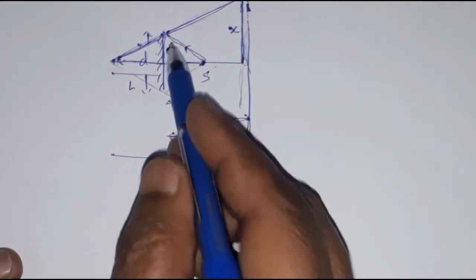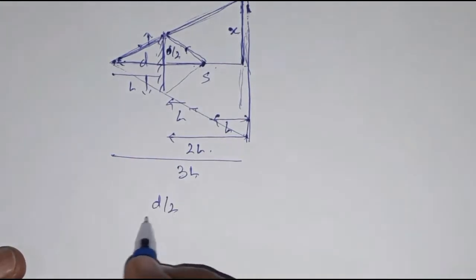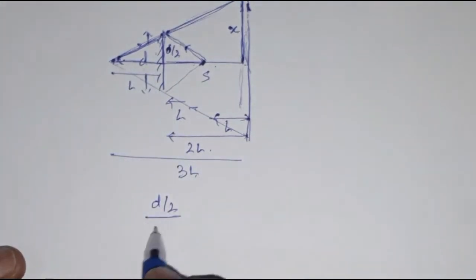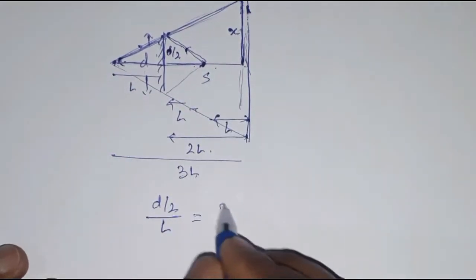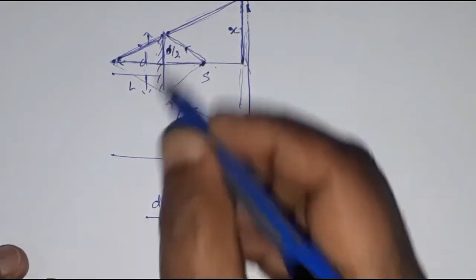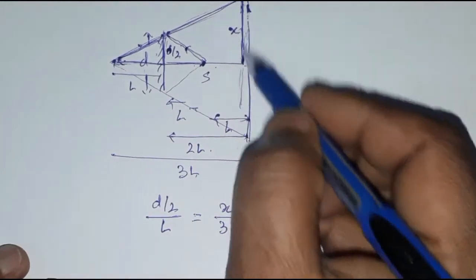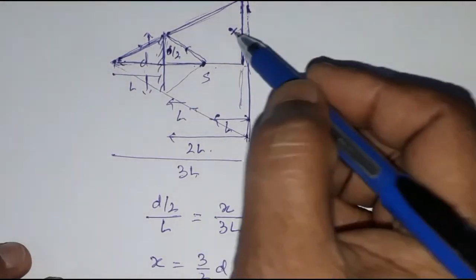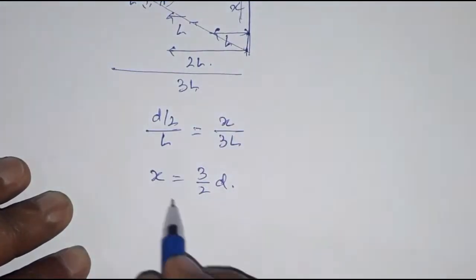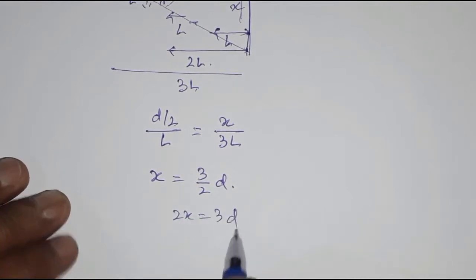So D by 2 upon L is equal to X upon 3L. So X is equal to 3 by 2 D. Therefore this is X and this is X. The total distance will be 2X, that is 3D.